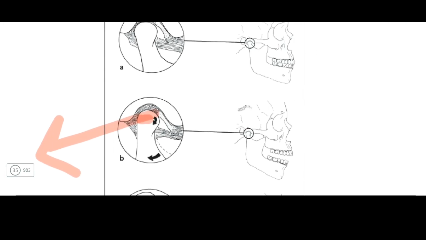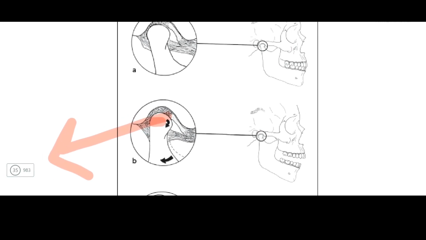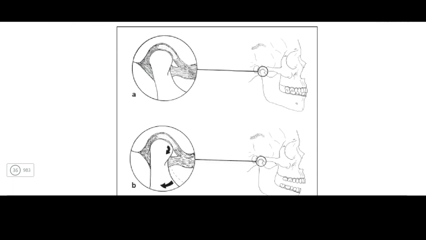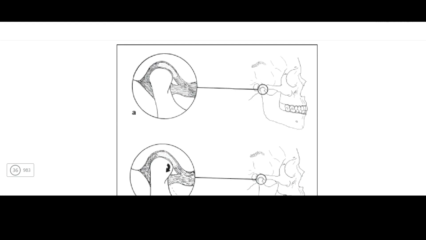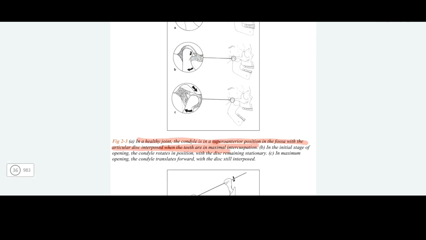Look at the disc here. Look at the condyle. The condyle is posterior. Okay, the disc is anterior. And when we go here, the condyle is anterior. Okay.